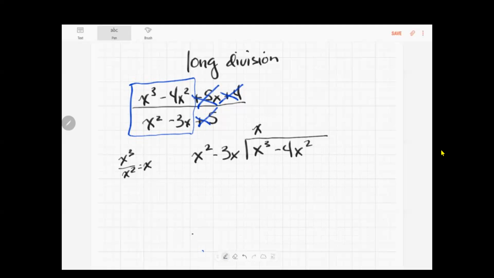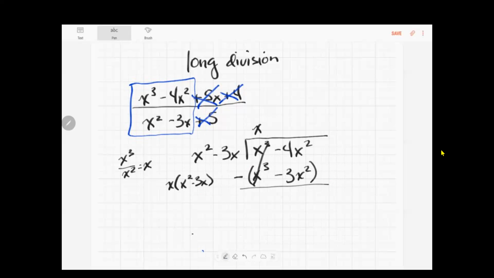Now we multiply x times x squared minus 3x, which is x cubed minus 3x squared. Then we have to subtract that, which is what we do in long division.